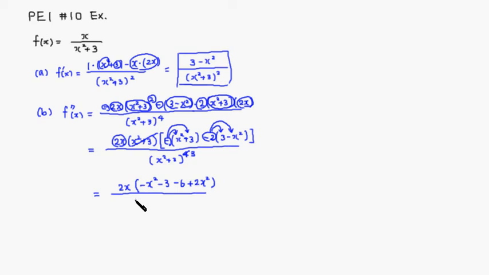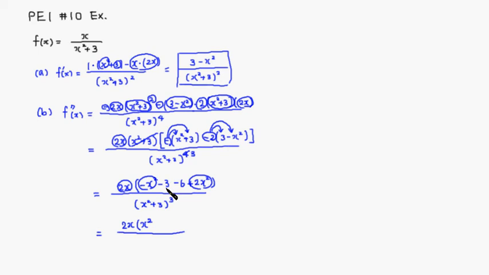Then the denominator is quantity x squared plus 3 cubed. Then collect like terms, so we will get 2x is there. You have negative x squared and positive 2x squared, that will give us x squared.